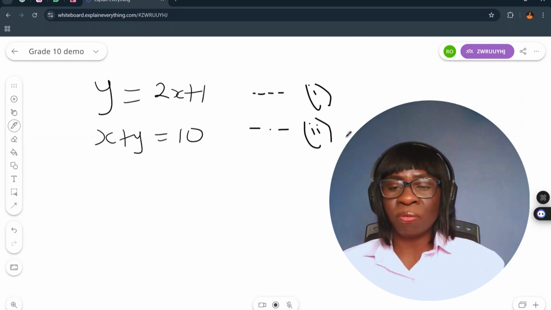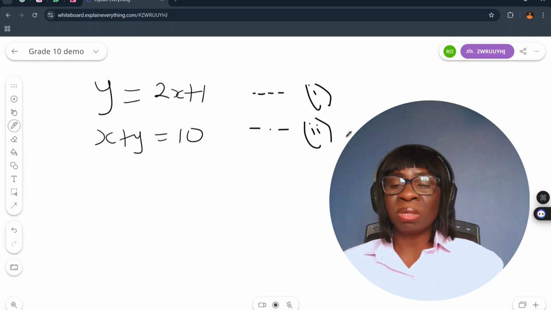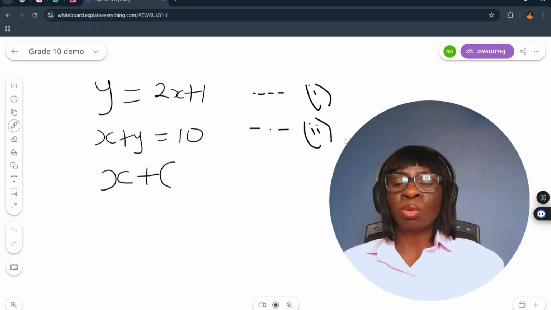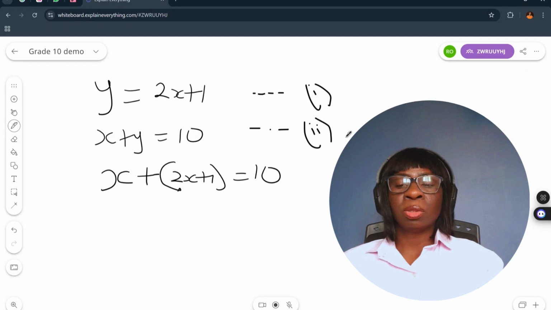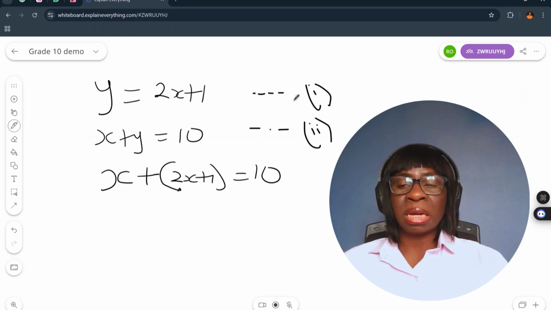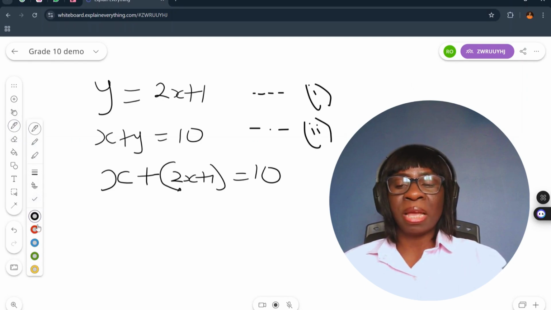So now let's solve. From the second equation, we'll have x plus, since we have more than one term here, let's open a bracket, so that we have x plus (2x plus 1) equals 10. That is the same thing as saying x plus y equals 10, because everything in the bracket is y, so we just replace it.